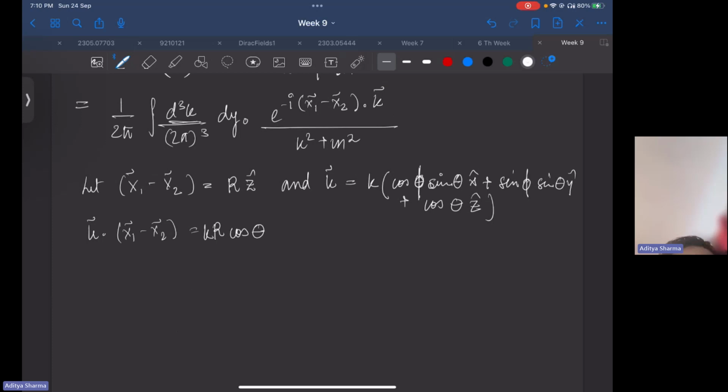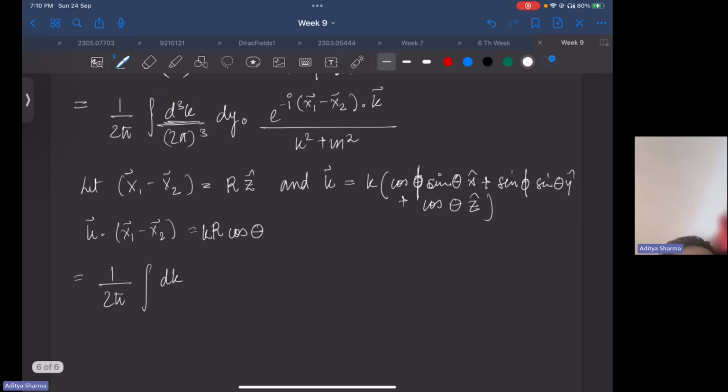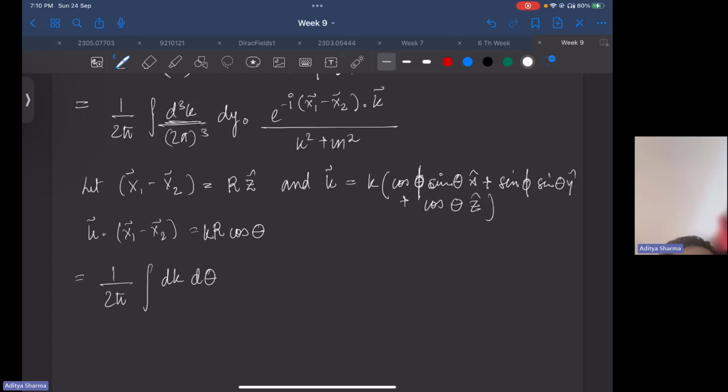And d3k in spherical polar coordinates will be dk k square sin theta dtheta, because there is no dependence on phi in the integral, and from the dphi integral we will get 2 pi.